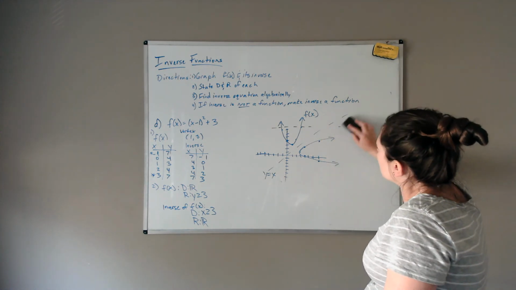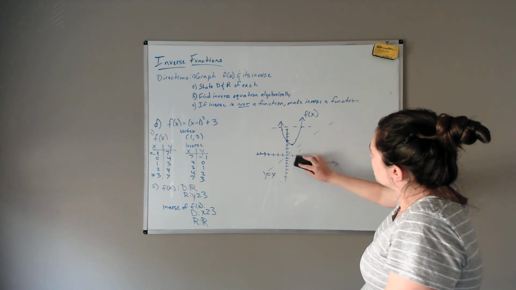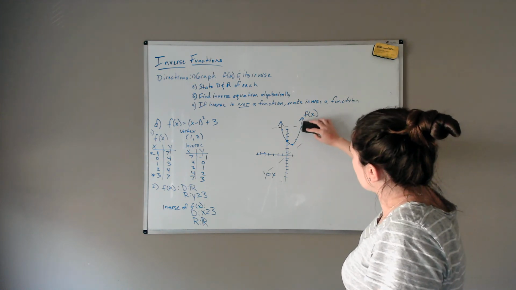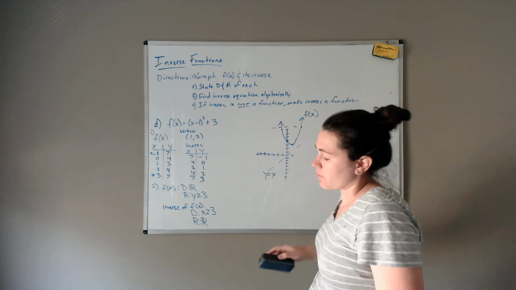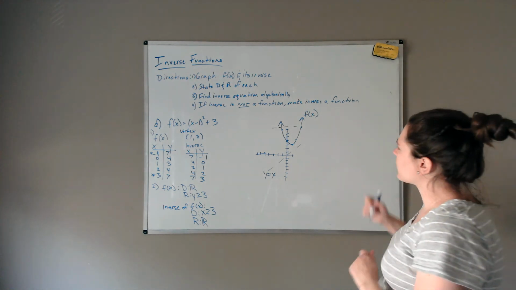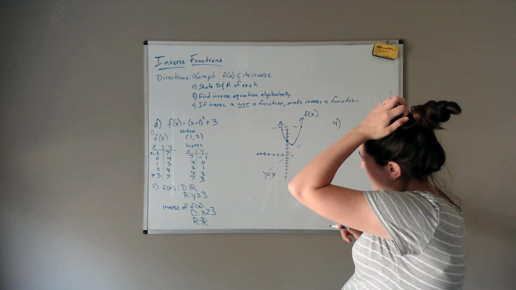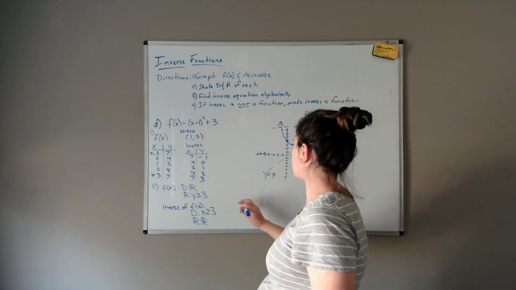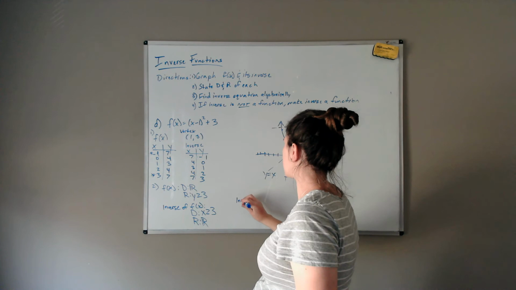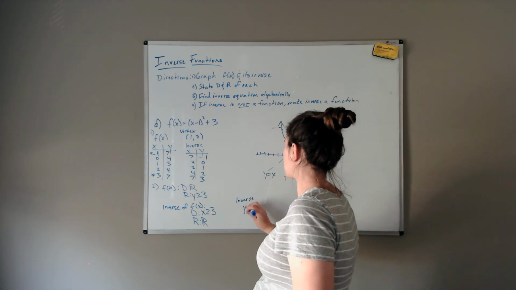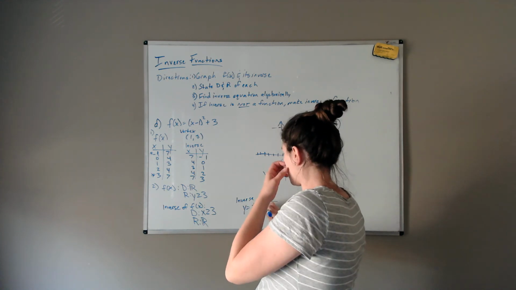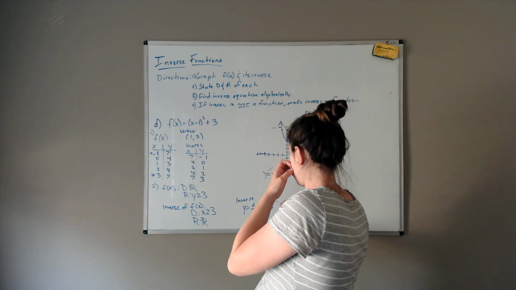I'm going to erase and keep what I need here. I need f of x right now, and I need to write down that the inverse equation was y equals plus or minus the square root of x minus 3, plus 1.